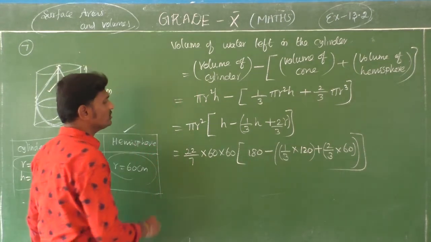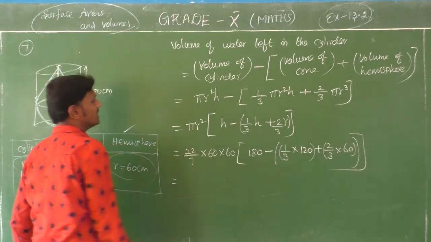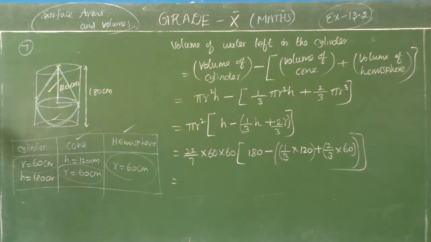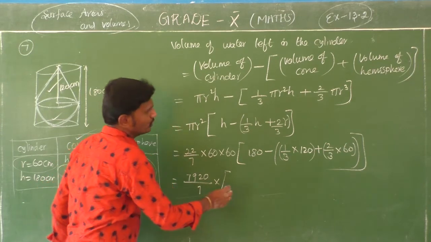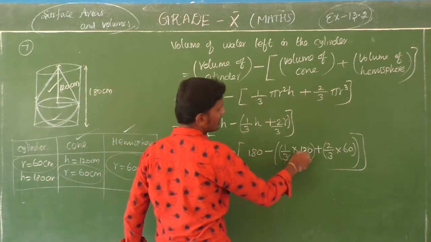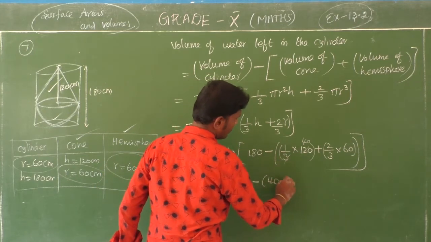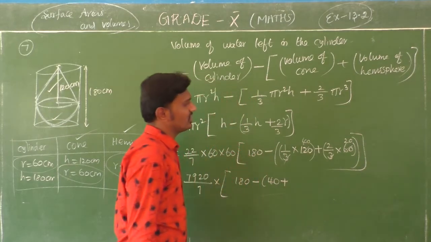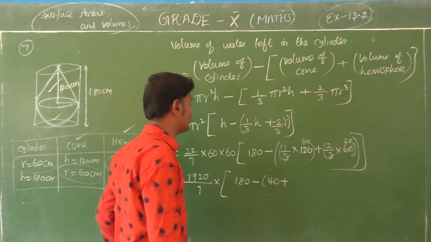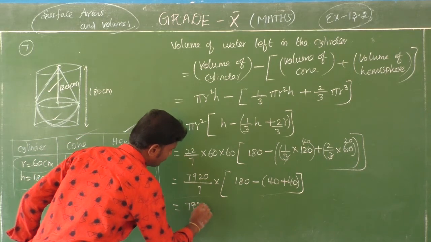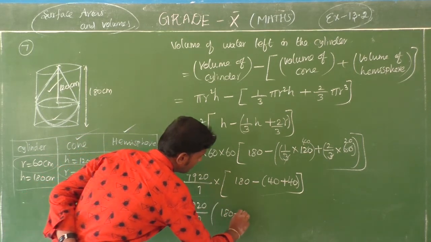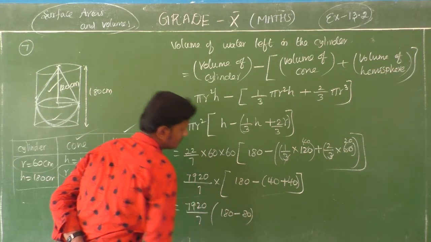Okay, students. Now we are going to simplify. Nothing cancelled here. So 6 6s are 36. 36 into 22 gives 792. So the answer is 7,920 by 7 into 180 minus, 1 3rd of 120 is 40, plus 2 by 3 of 60 is 40.